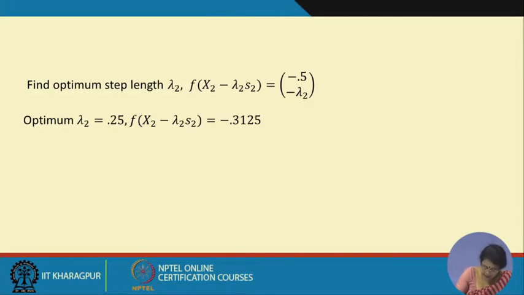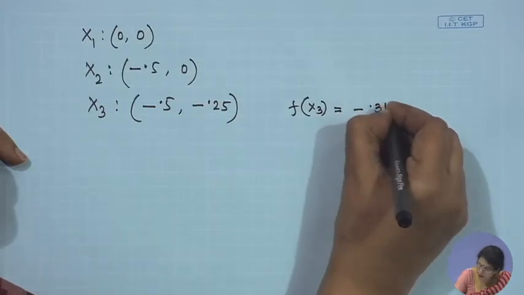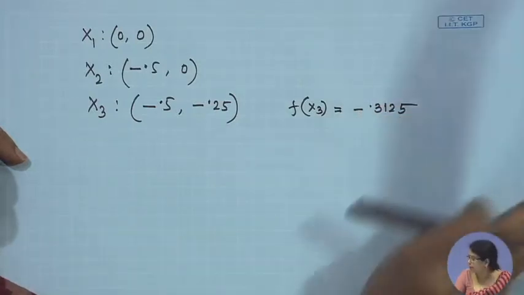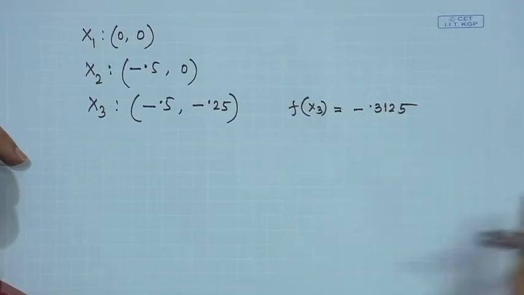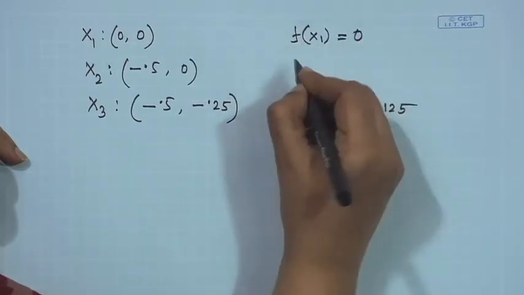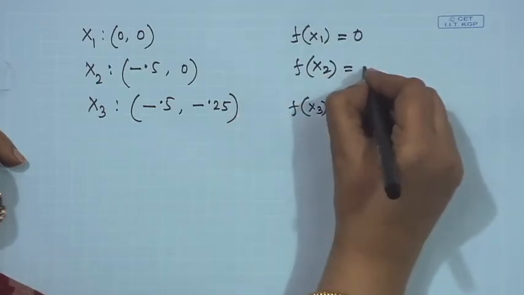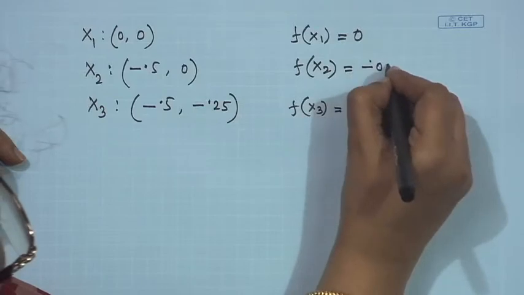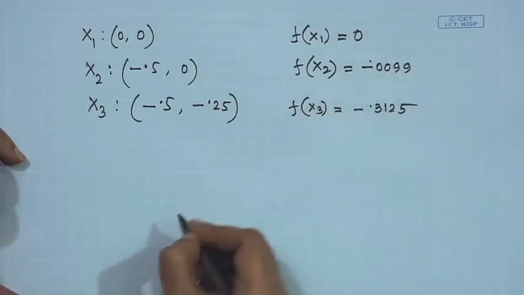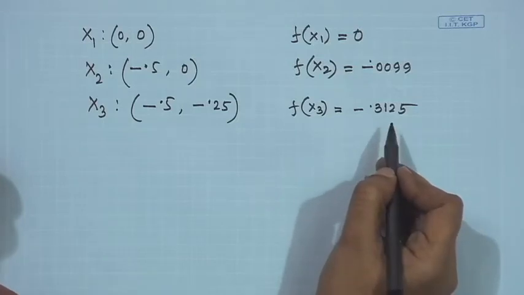The functional value at x3 is coming as -0.3125, but previously the functional value was 0.0099 or so, and now we are getting a much better value.